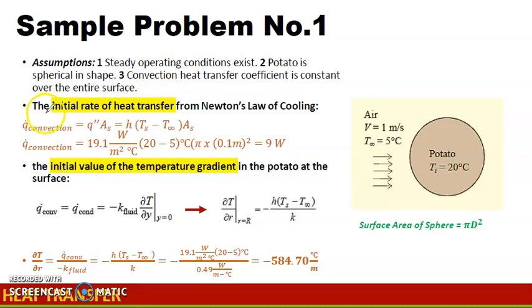So to compute the initial rate of heat transfer, we know that from Newton's law of cooling, our convection is given by this formula. So Q convection is h times delta T times surface area. So we need to compute the convection using these values.